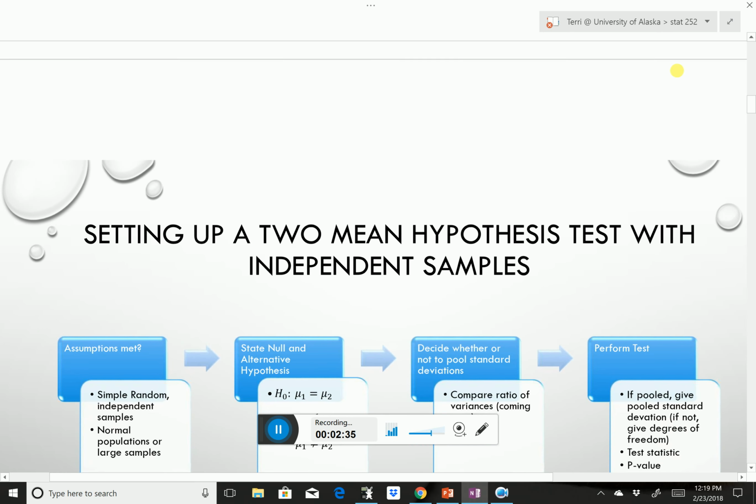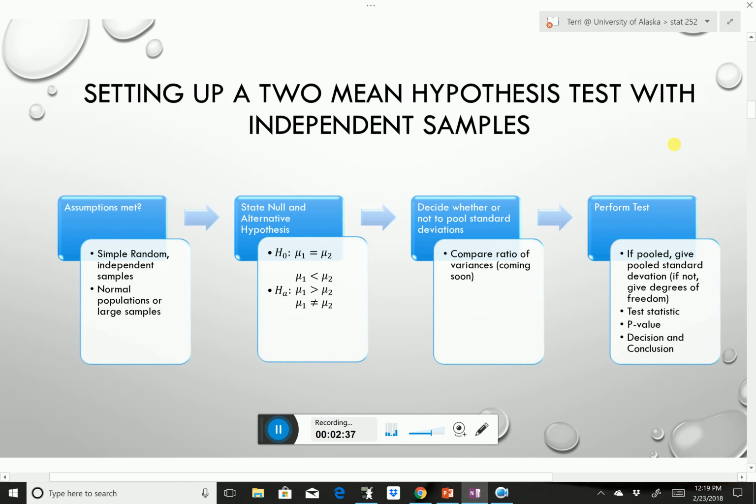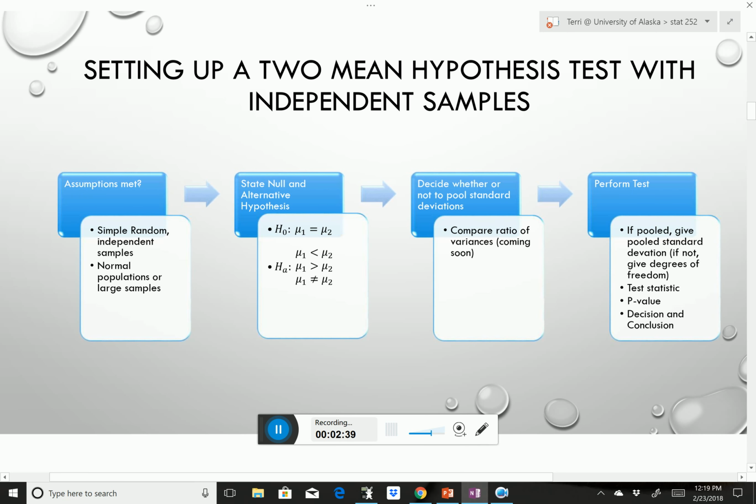Okay, so how do we set up a two-mean hypothesis test? Well, the first thing we have to ask ourselves is, are our assumptions met? We have to make assumptions about this every single time. We need to make sure that they're from a simple random sample.